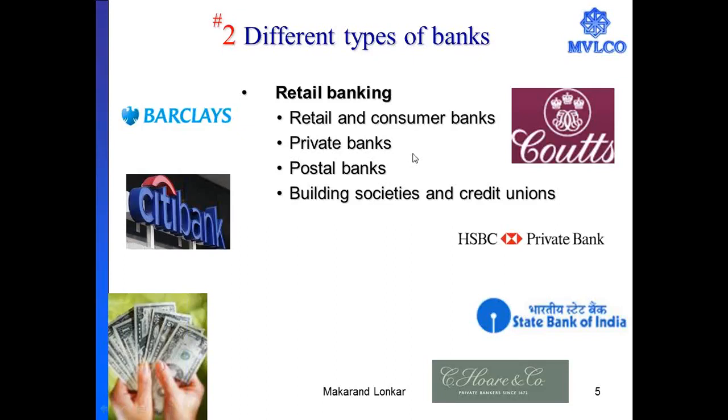So for me, I could have a retail banker, but those who are rich, like somebody like the Queen of England, she banks with Coutts, whose logo you see on the right and top of our screen. In fact, Coutts and Company was formed in 1692, and they have been bankers to the Queen since then. Currently, Coutts is owned by the Royal Bank of Scotland, and they are the Queen's bankers.